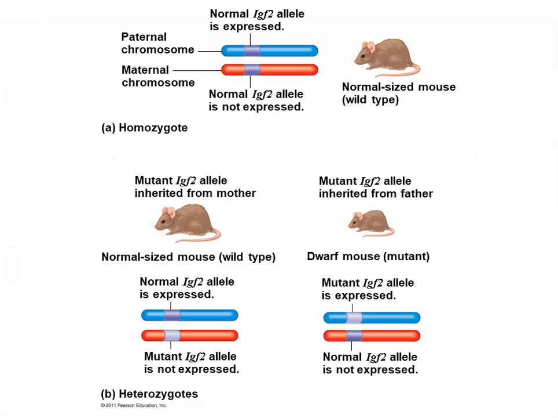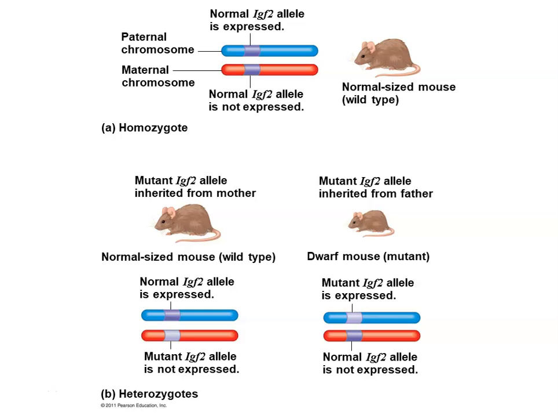And there's a picture of one example of this with a mouse. If you have the normal allele for this size gene, it won't matter which one gets imprinted on, the mouse would still be a normal size. If the mother or the father has the mutant allele and the mutant allele is imprinted on, then the mouse would still be normal sized.